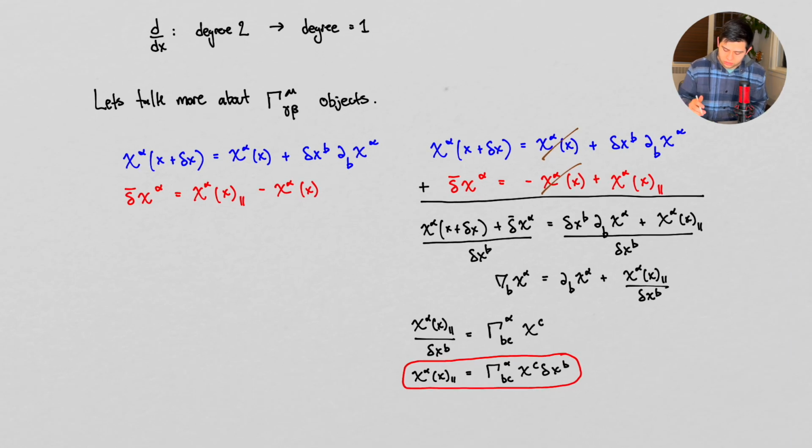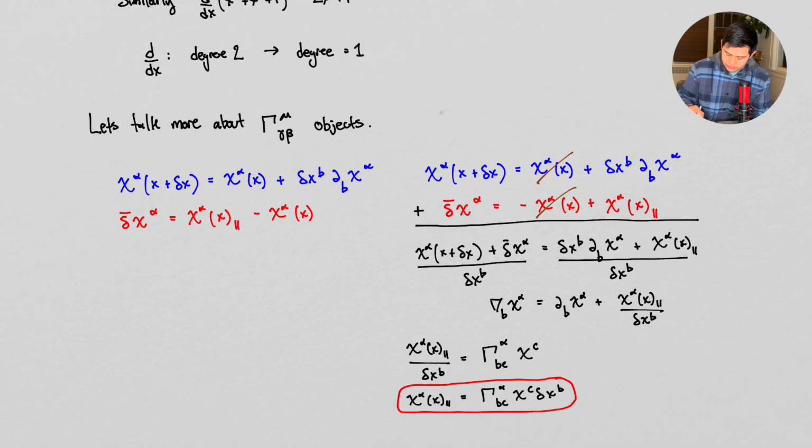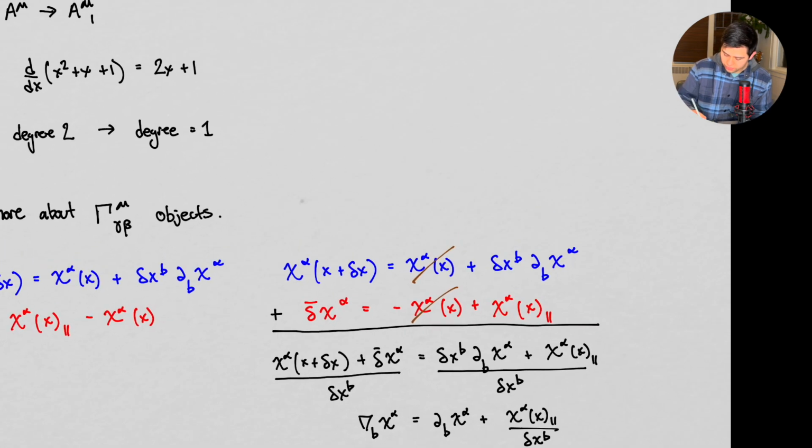We want to consider, my apologies for the dog barking, if you can hear that, but we want to consider now this object here, right? So the blue guy here is really a vector at some point x, at some point x plus delta x, right? So we can imagine our manifold.